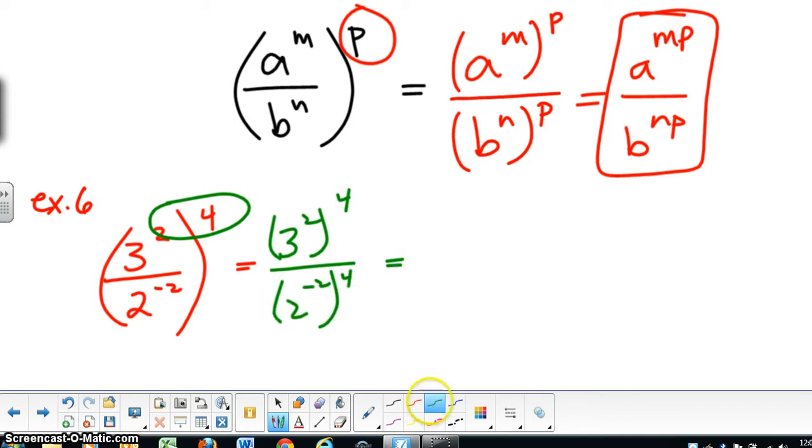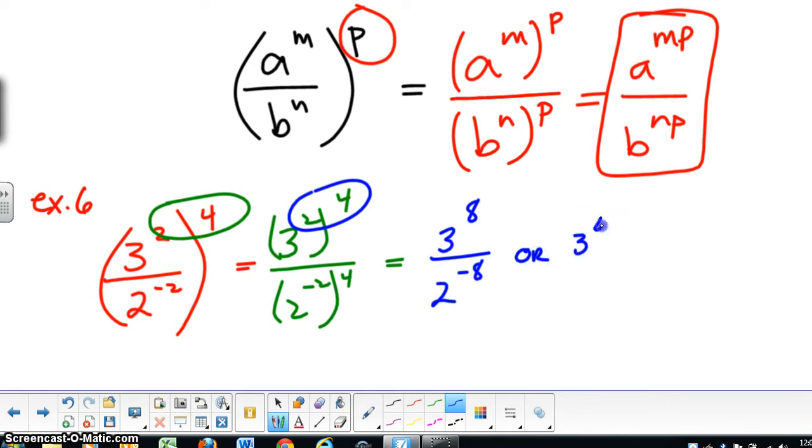Okay, so then we know to take those two and multiply them together. 3 to the 8th over 2 to the negative 8. Okay, now another thing you might be wondering is, well, what can I do now with that negative exponent? Well, you also could write it as 3 to the 8th and 2 to the 8th. Okay, let's try another one.